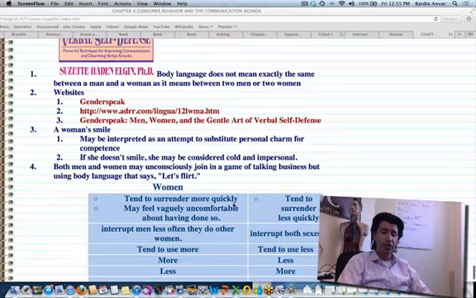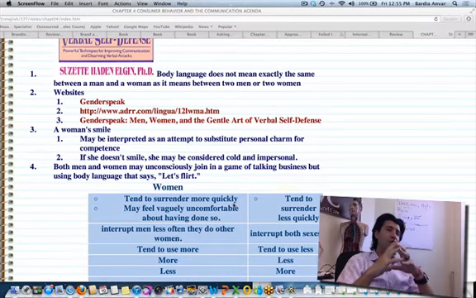Both men and women may unconsciously join in a game of talking business, but using body language that says, let's flirt. So when we talk to people of the other sex, sometimes the unconscious mind kicks in right away if there's an attraction there.